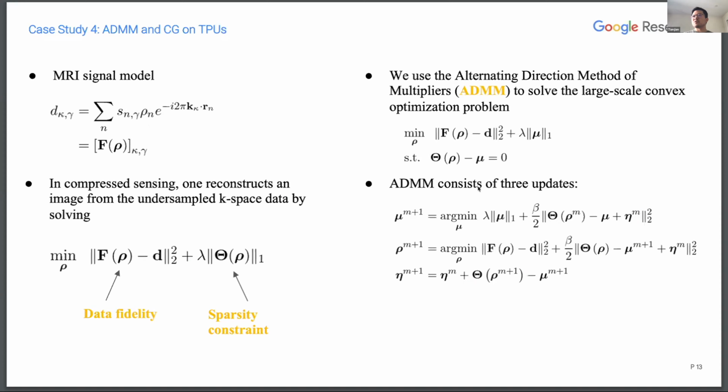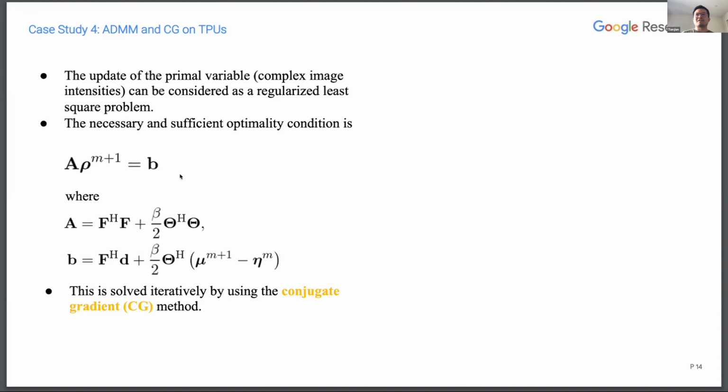We use ADMM to solve this problem, and ADMM has 3 updates. For the update of mu and eta, the auxiliary variable and the dual variable, we have closed-form solutions. For updating the complex image intensity, we have to solve a regularized least squares problem. That's how the CG solver comes into play.